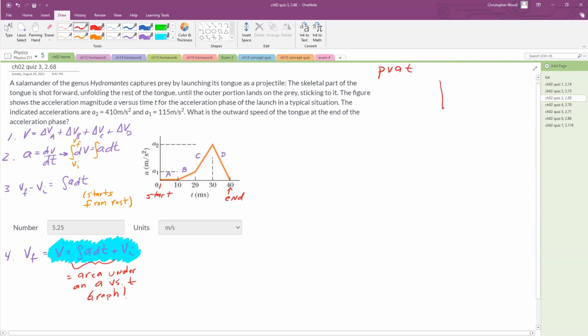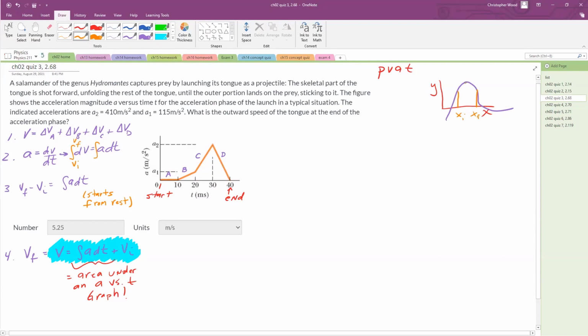If you're graphing, let's just say you're graphing y versus x, for example, and your graph looks like this. And then your task is to find out, well, what is the area under this graph right here from this x initial to this x final?